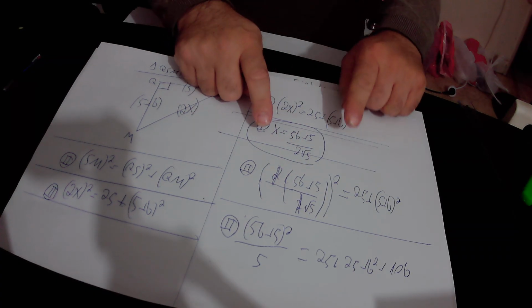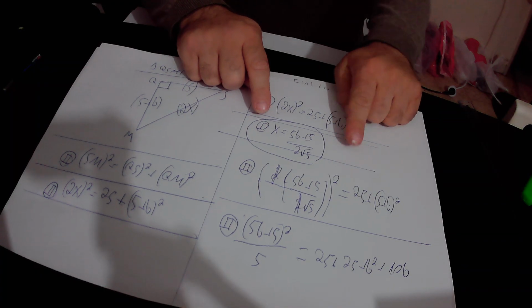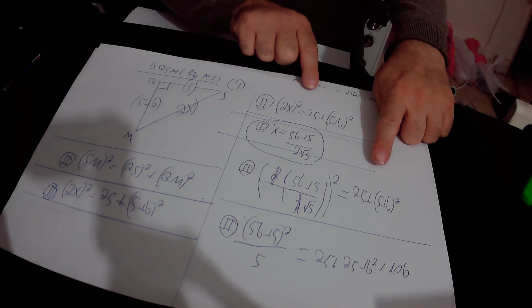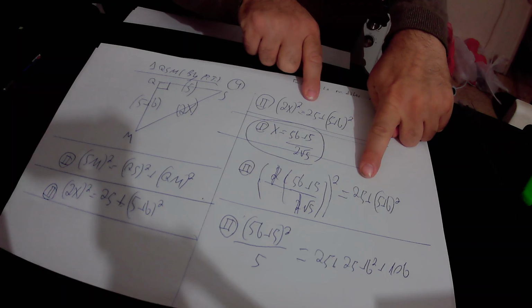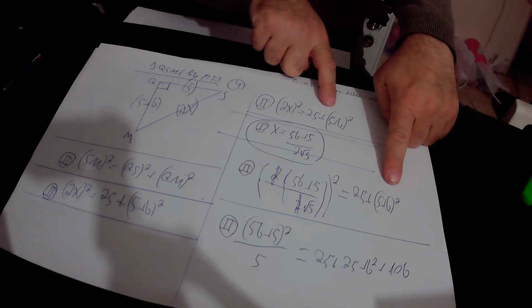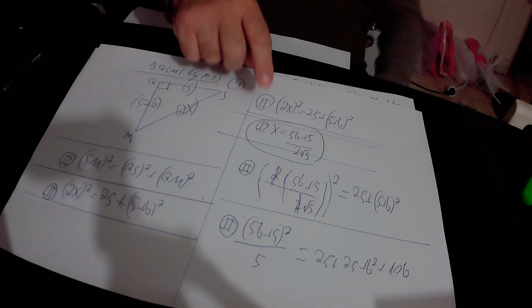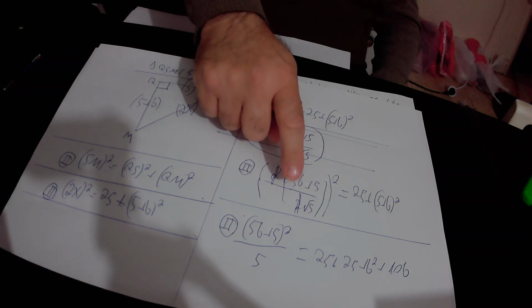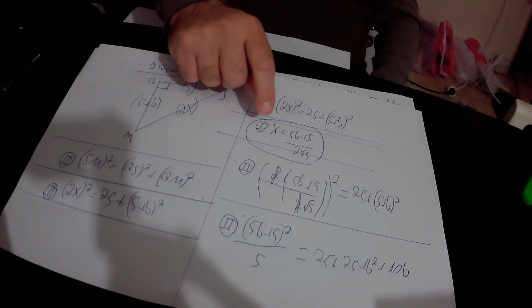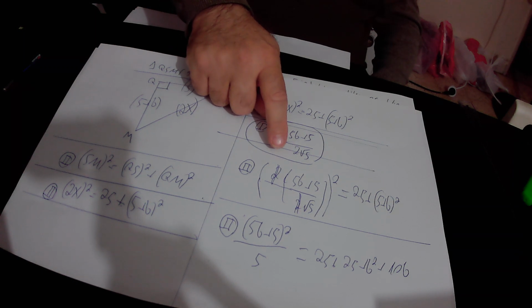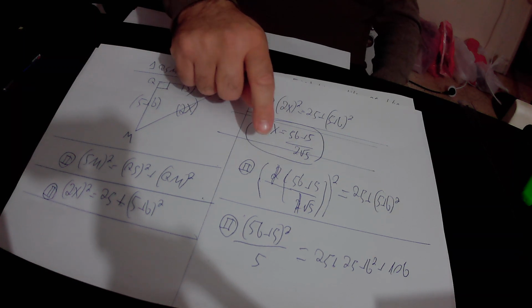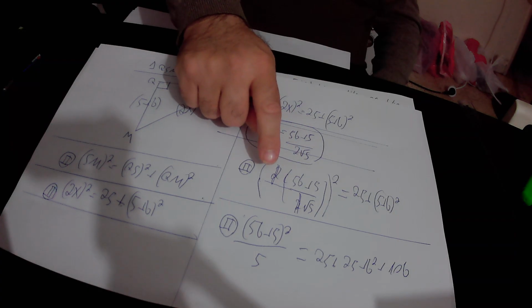So (2x) squared equals, according to equation number 2, 25 plus (5 plus b) squared. Here we have 2 in the numerator and 2 in the denominator, so the 2 will get cancelled. After we cancel 2, in the numerator we have (5b plus 5) squared over the square root of 5 squared. The square root of 5 squared is 5.